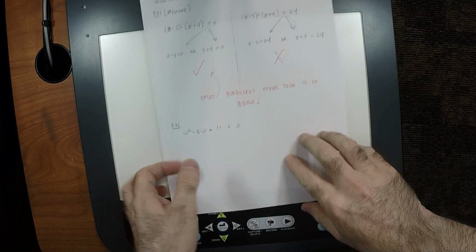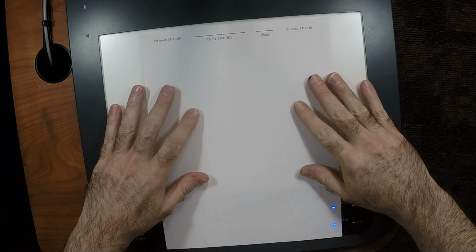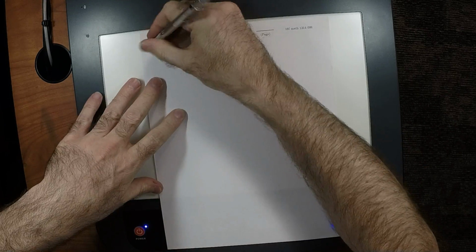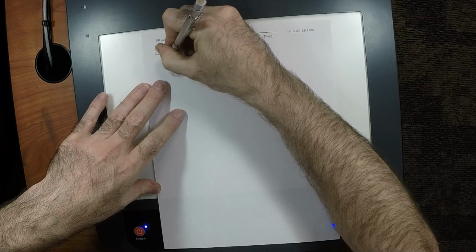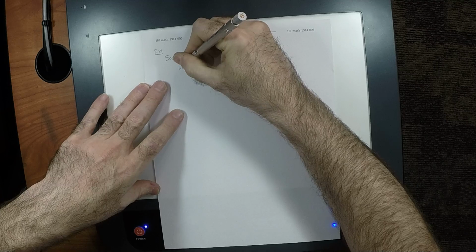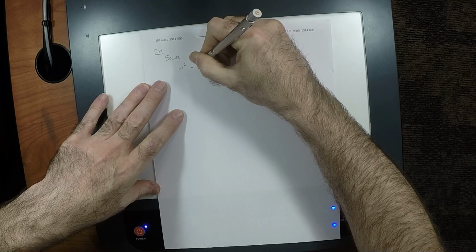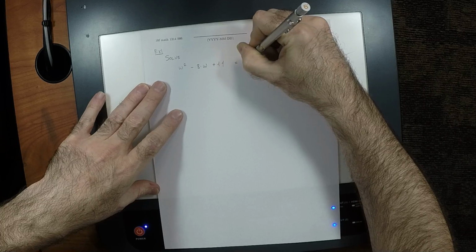So I'm going to switch to a new page. So we're going to solve w squared minus 8w plus 11 equal to 0.